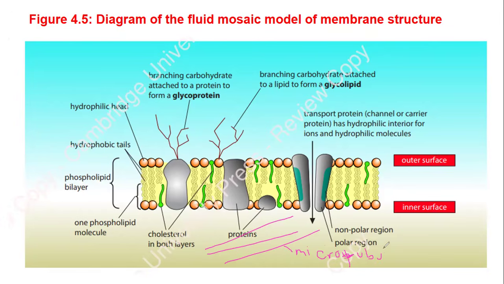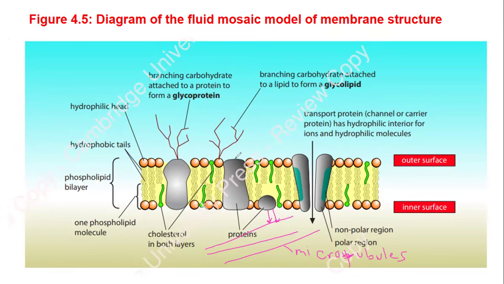Now, the microtubules form part of the cell cytoskeleton. So some of these proteins can be attached to those structures inside the cell, to the microtubules. And eventually, they are going to be contributing to the cytoskeleton and maintaining the shape of the cell.